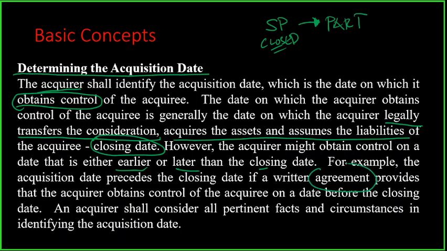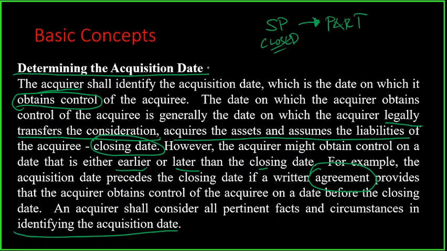There is an agreement that even if it's not yet the closing date, it's before or after, earlier or later. So if there is an agreement that the acquirer obtains control, then that is now the acquisition date. Now, the acquirer shall consider all pertinent facts and circumstances in identifying the acquisition date.